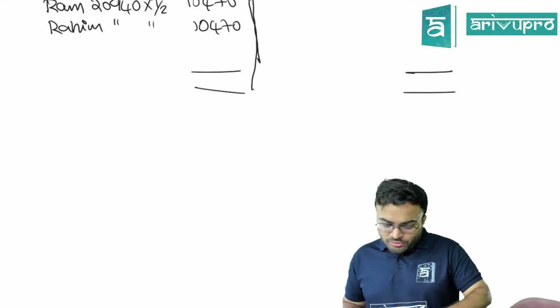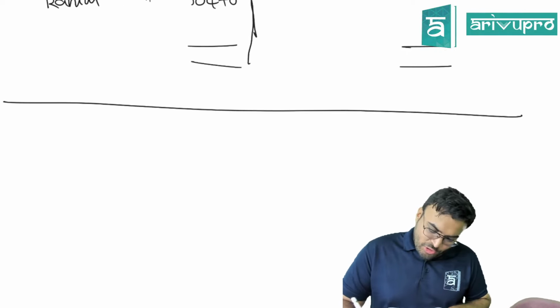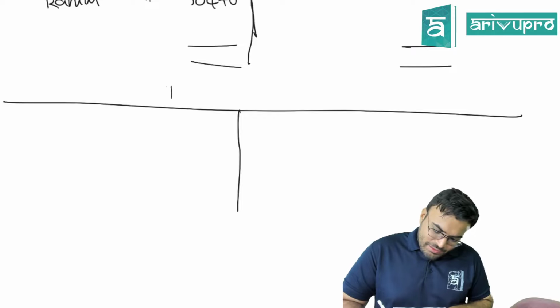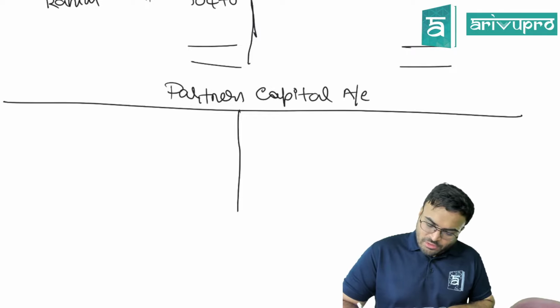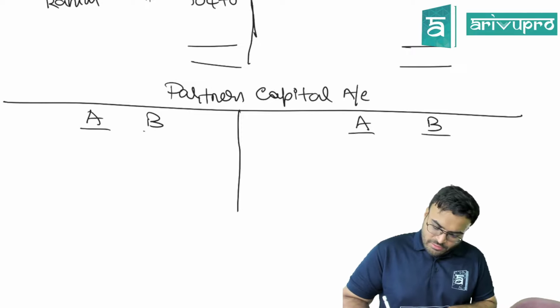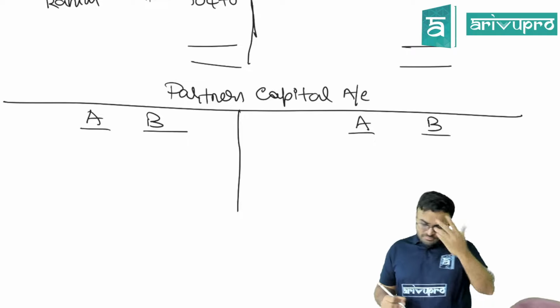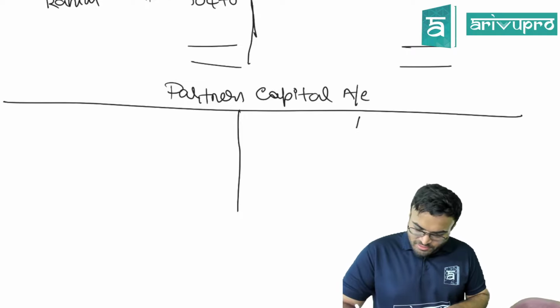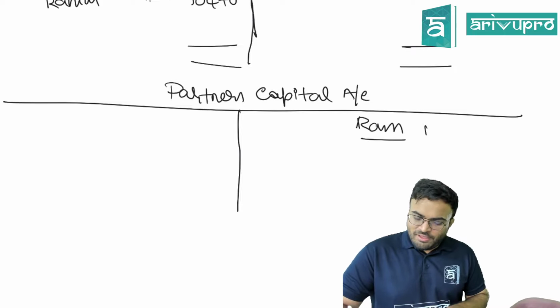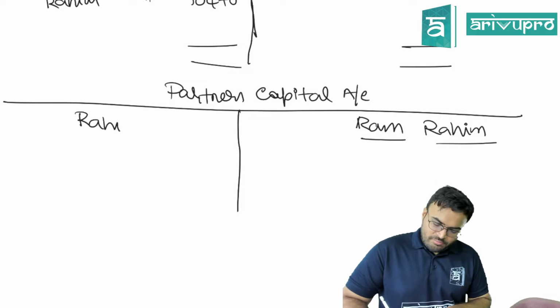What else did they ask you? Capital account of partners. That means partners capital account, Ram and Rahim.